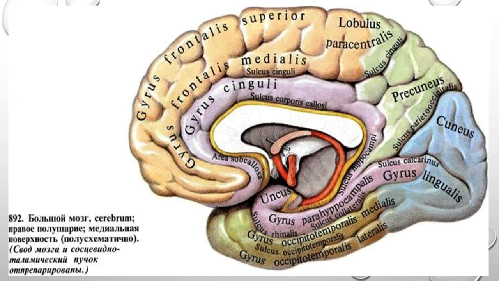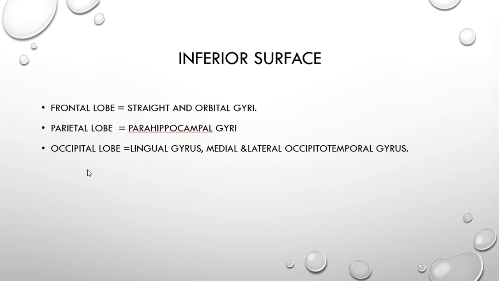Then next one is the inferior surface. On the inferior surface, the frontal lobe has straight and orbital gyri, the temporal lobe has the parahippocampal gyrus, and the occipital lobe has the lingual gyrus, and the medial and lateral occipitotemporal gyri.